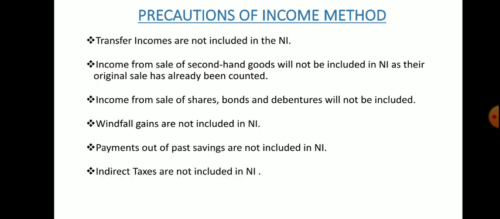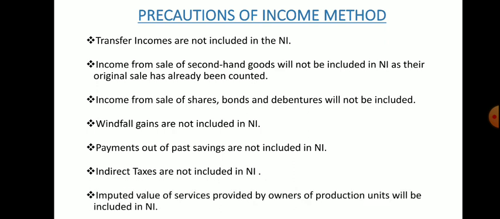Next, indirect taxes are not included in national income. We know we are not including indirect tax. Then the imputed value of services provided by owners of production units will be included in national income. Imputed value of services means, suppose a person is doing business on his or her own land or at his own place.